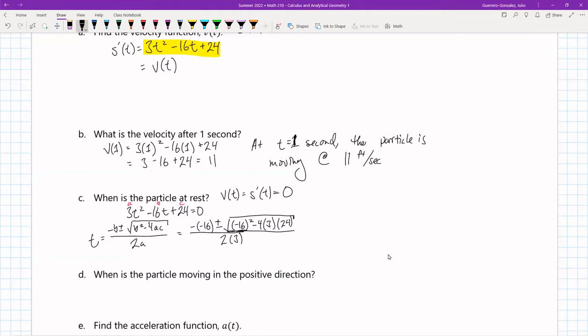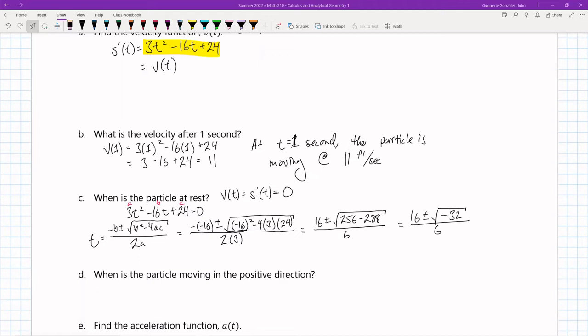2 times 3. Okay, so this is going to be 16 plus or minus the square root of 256, okay, minus 288 all over 6. 16 plus or minus the square root of negative 32 all over 6.